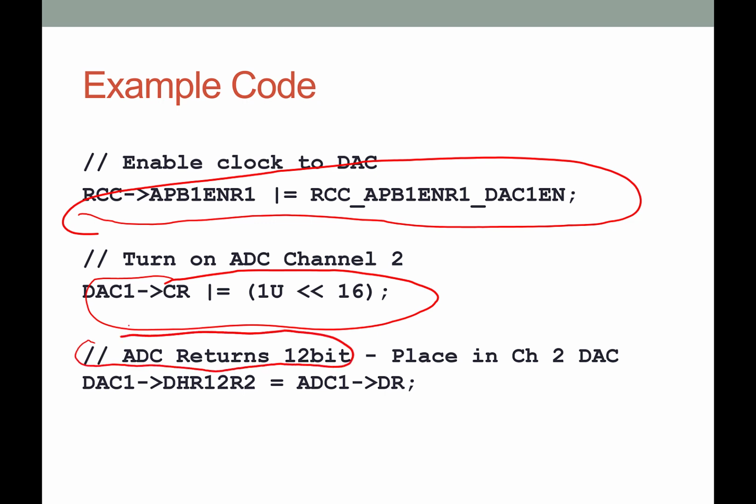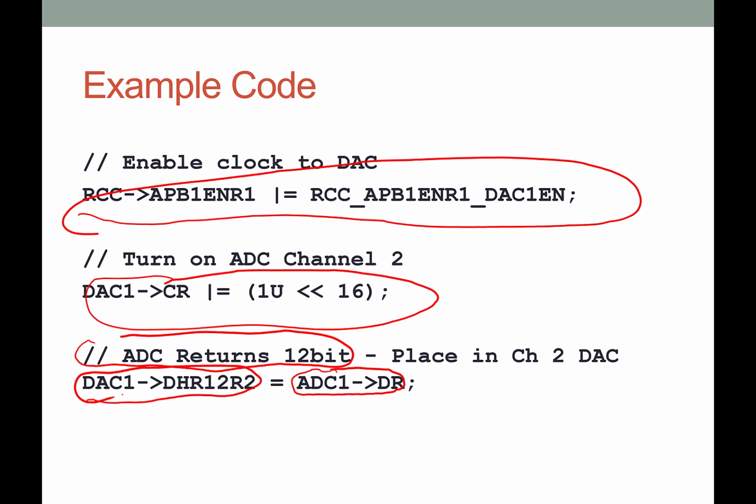Okay, let's say we had an analog to digital value that we read using the A to D converter, and it gave us a 12-bit value. Here it's saying this was the A to D value that we read in from the data register of the analog to digital converter, what we discussed in the previous lab lecture. We're going to put it into the 12-bit register to put it back out on the digital to analog converter.